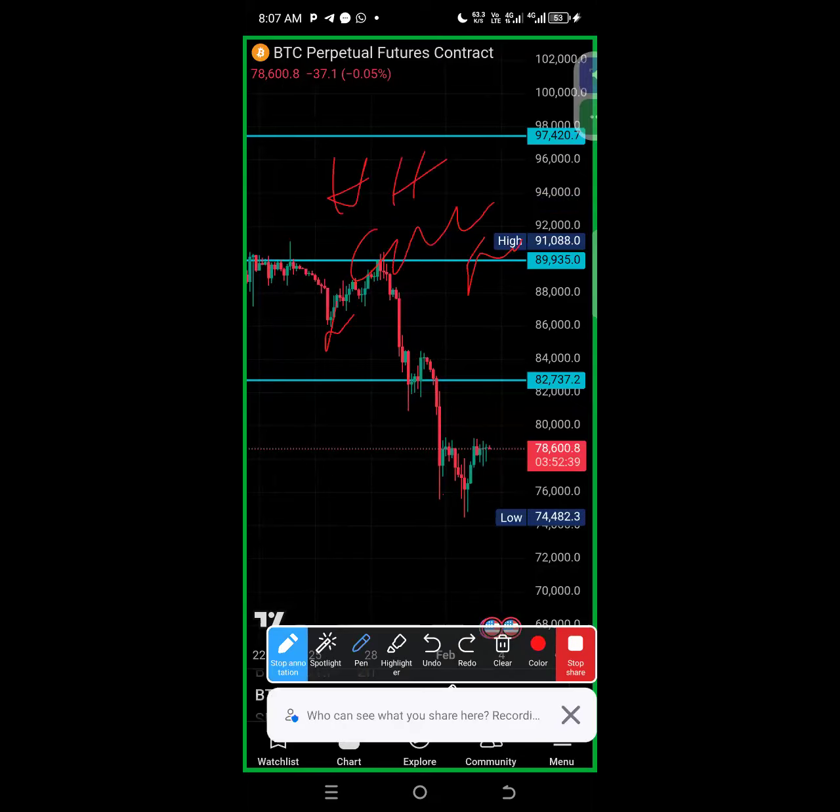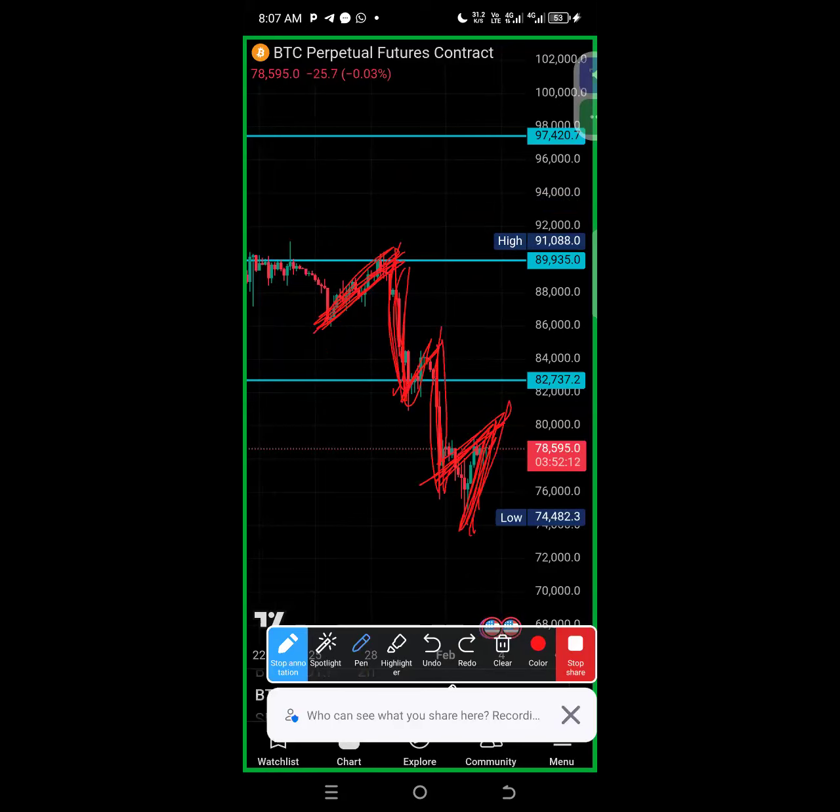But looking at this particular chart, you see the difference here. This is the formation. And that is what the chart is presenting.